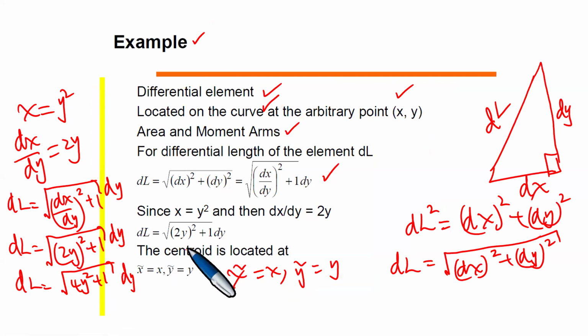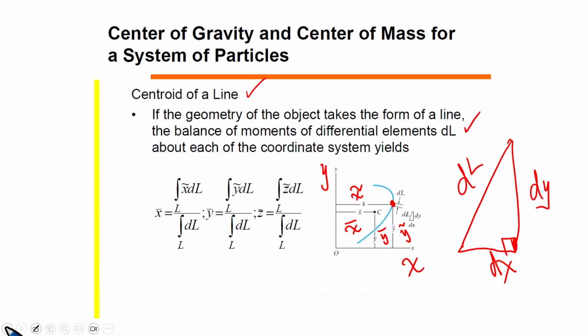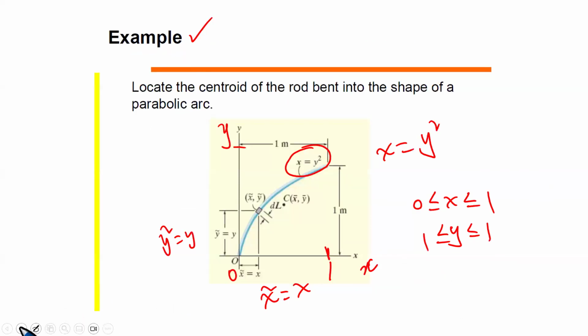There are times when you're going to calculate it, and in general, once again, y tilde and x tilde can be something else, for the general centroid of a line description.